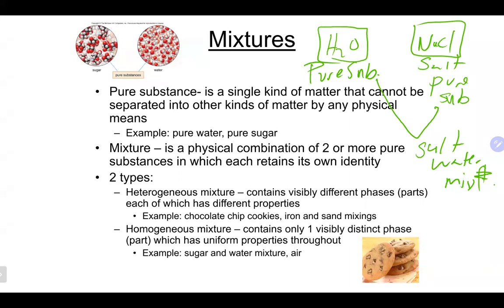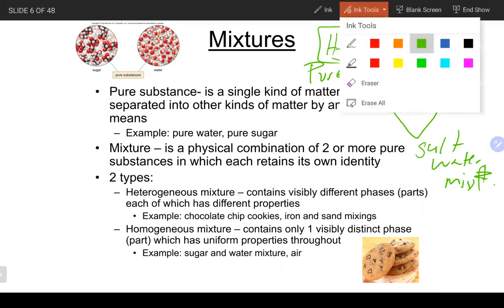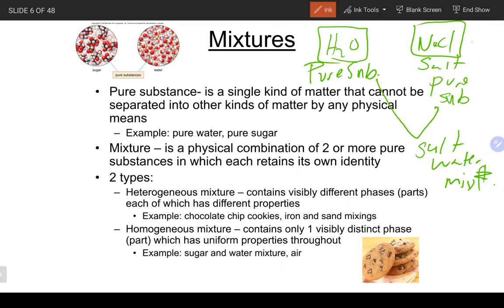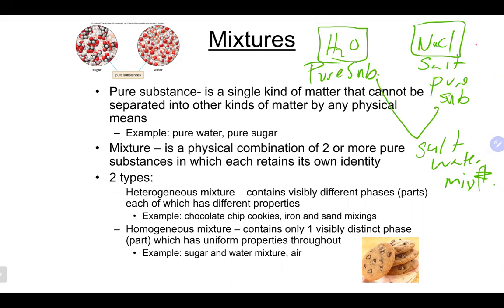If you've seen salt water before, it basically just looks like water, right? You no longer can really see the salt. Sometimes people think the salt's gone, it reacted, but it is actually still there. You just can't visually see it at that point in time.